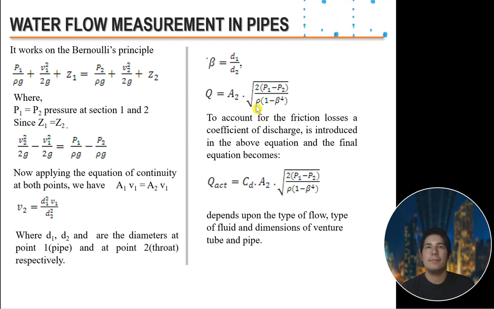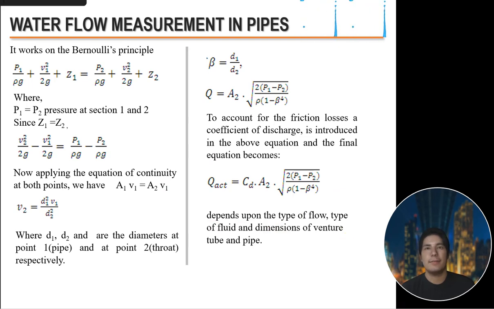We have area 2 times the square root of 2 times P1 minus P2 over the density, over 1 minus beta raised to the power of 4. To account for the friction losses, a coefficient of discharge is introduced in the above equation. The final equation becomes CD multiplied by the theoretical equation. It depends upon the type of flow, the type of fluid, and the dimension of the venturi tube and pipe. So this is the formula we use for the venturi.